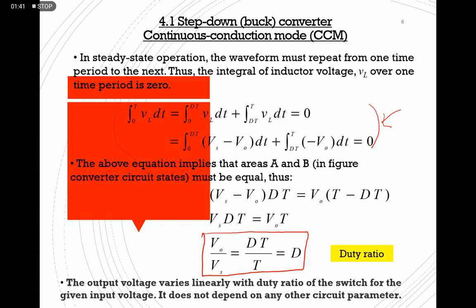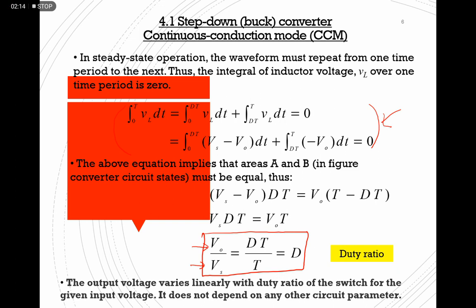With regards to the equation of duty ratio, you can see that the duty ratio for the buck converter is only affected by the amplitude of your output voltage V0 and the amplitude of your input voltage Vs. It is not affected by the value of your inductor or capacitor in the circuit.